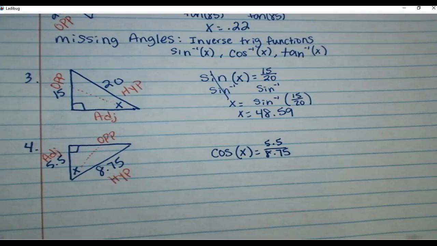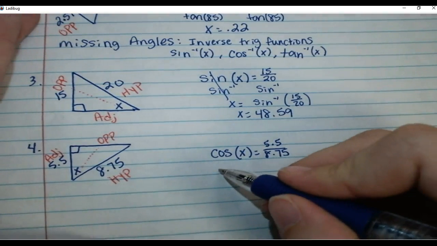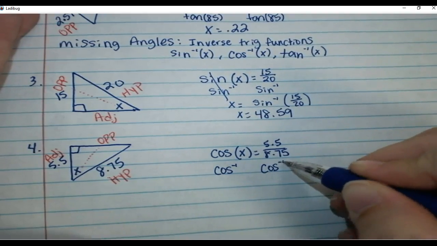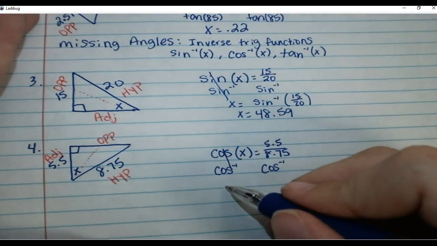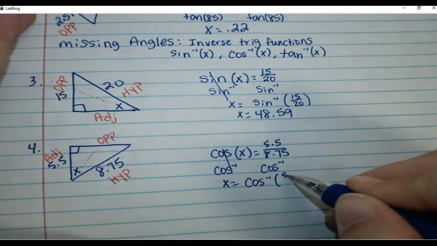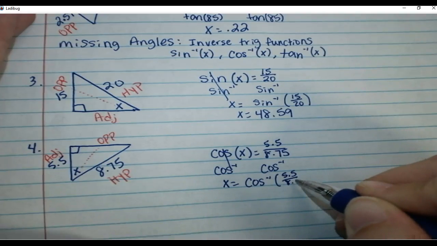And then I think these are easier because now all you have to do is inverse cosine and type it in and you're done. You don't have to worry about if you have to multiply or divide or anything. So x equals cosine inverse of 5.5 over 8.75.